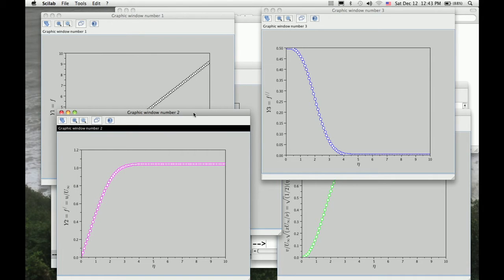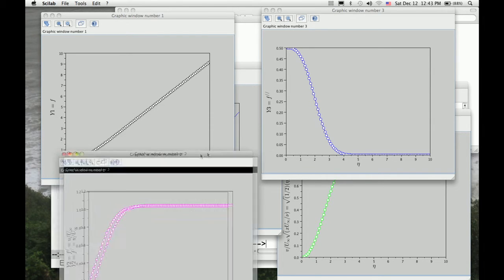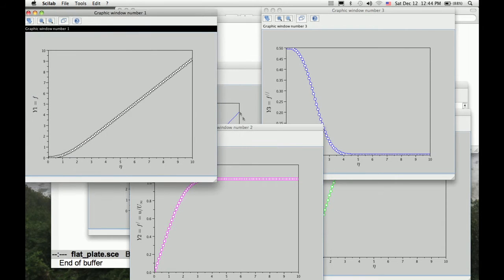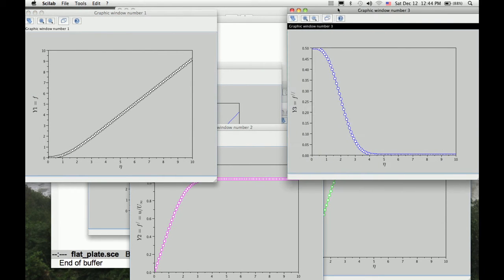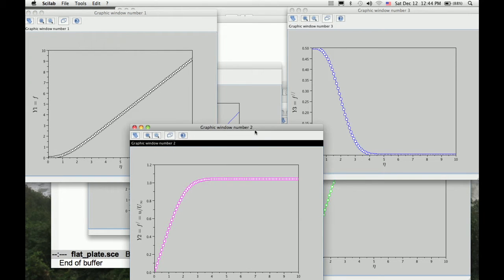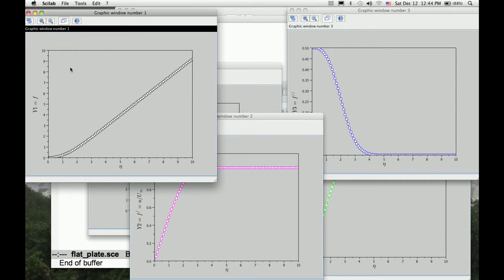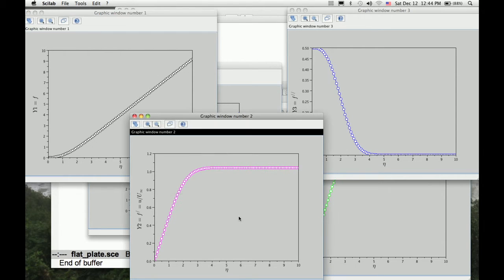Then this window is basically showing you f versus eta. Window 2 shows you f dash versus eta, right?